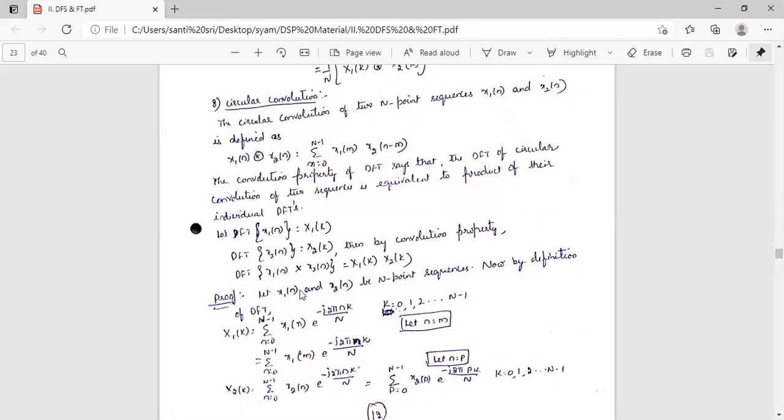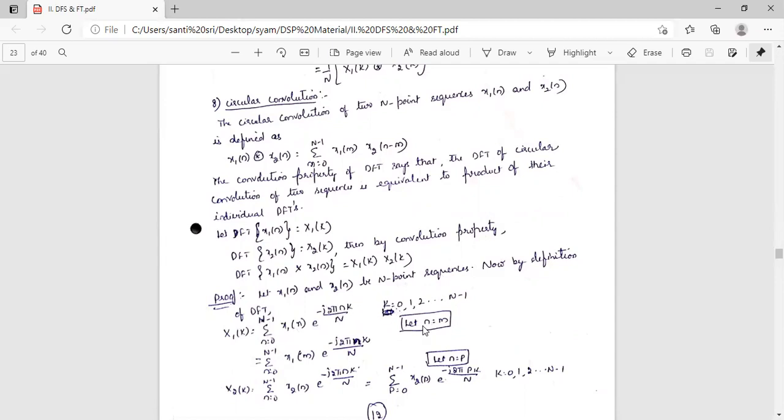So let x1 of n and x2 of n be N-point sequences. The DFT x1 of k is equal to sigma n equal to 0 to N minus 1 x1 of n into e power minus j 2 pi nk by N, where k equal to 0 to N minus 1.